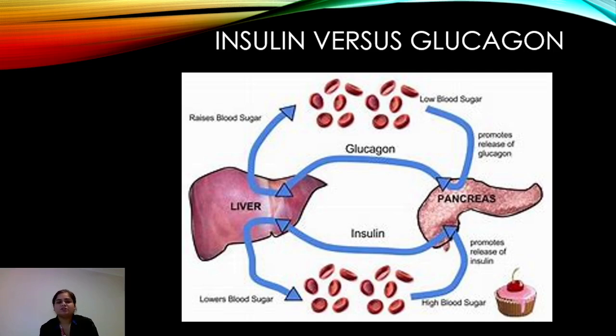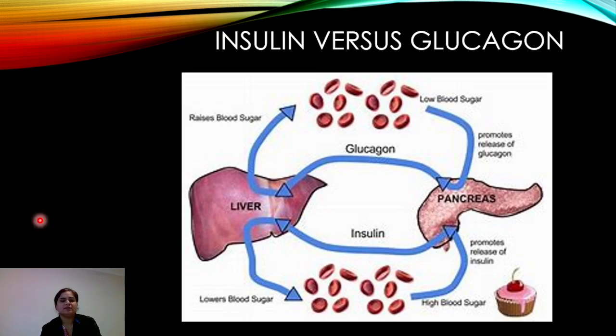This picture shows the interaction between the liver and the pancreas and how glucagon and insulin keep the normal balance of glucose in our bloodstream.